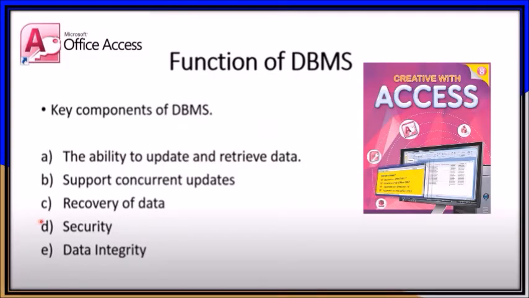Now let us learn functions of database management system. The key components of database management system are the ability to update and retrieve data, support concurrent updates, recovery of data, security and data integrity. So let us see with examples all these key components.